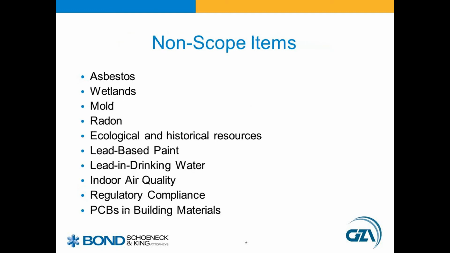The non-scope items listed are: asbestos, wetlands, mold, radon, ecological and historic resources, lead-based paint, lead in drinking water, indoor air quality, regulatory compliance, and this last one here, PCBs in building materials, which has come up of late. It's not listed as one of the non-scope items, but when we get to that, we'll talk about why it's becoming more of an issue.